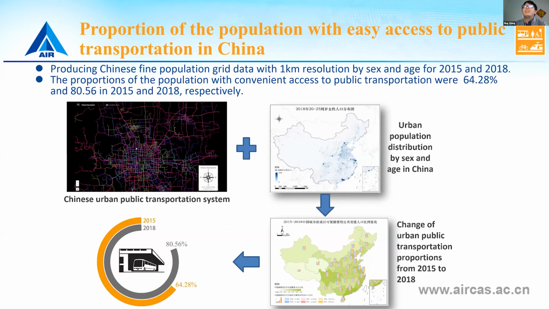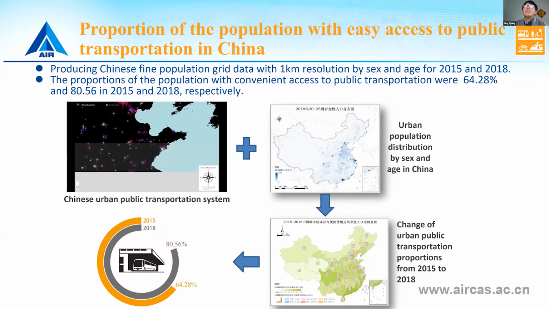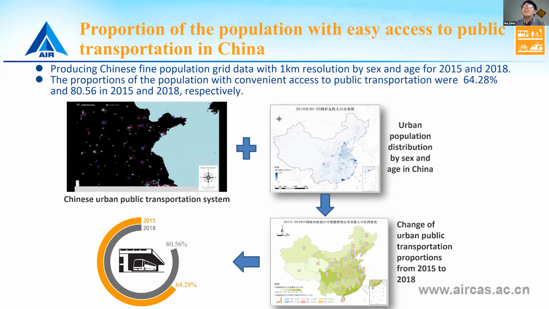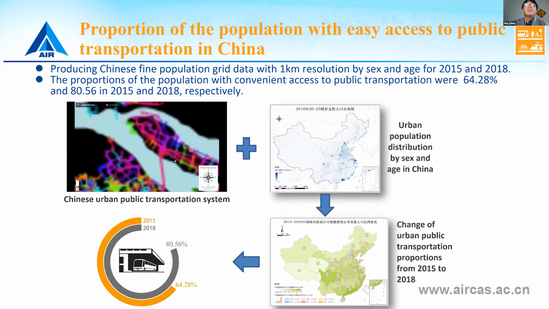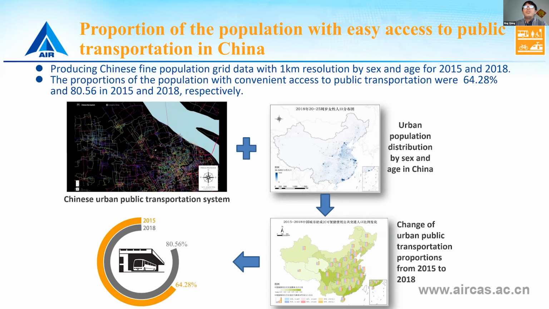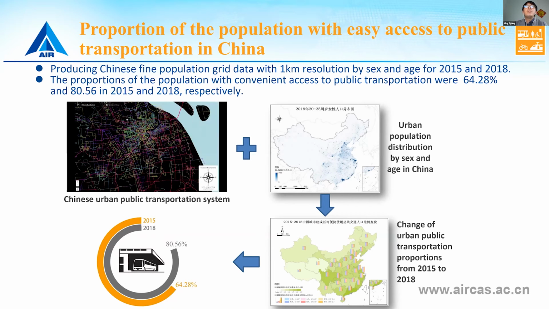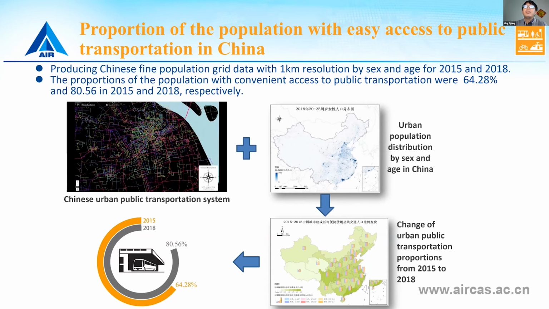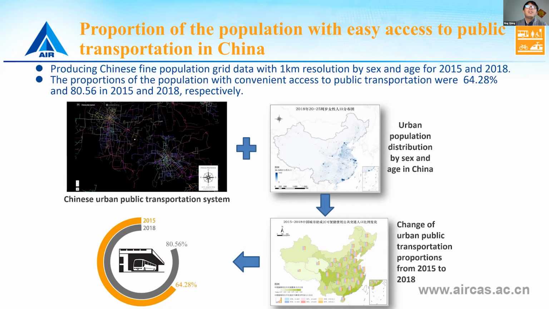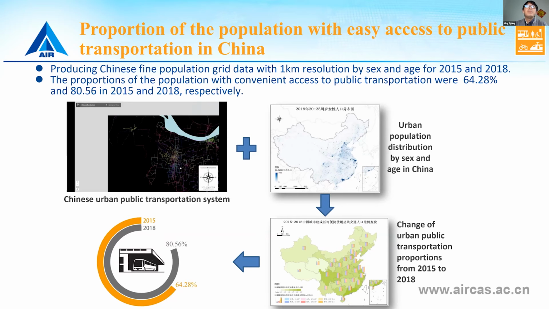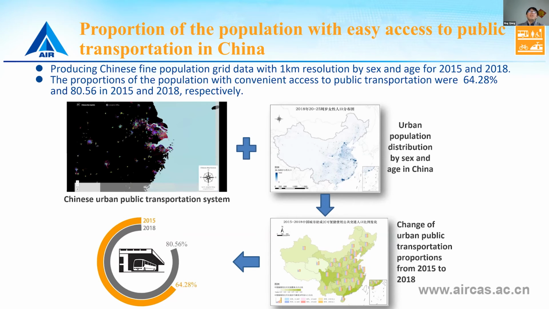This population data was divided by sex and age for 2015 and 2018, and it shows that the proportion of the population with convenient access to public transportation was 64% in 2015 and jumped to 80% in 2018.